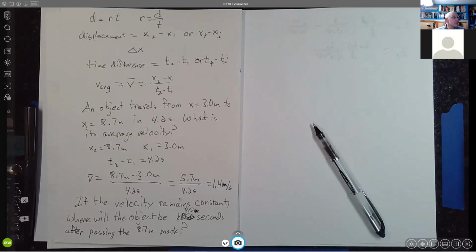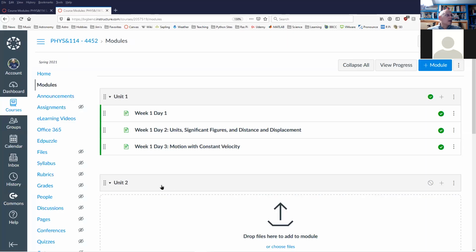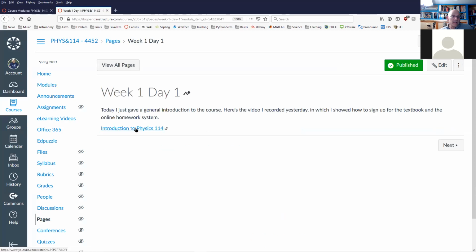But let me show you the modules. If I switch over to that here, let's see, new screen share, go back to screen 2, I think. Yeah, that's what it is. This is the modules for our class. And week 1, day 1, all I put on there was the problems I was doing that day, so I didn't have anything on there. And it was mainly talking about accessing the textbook and signing up for the homework on that day 1 thing.